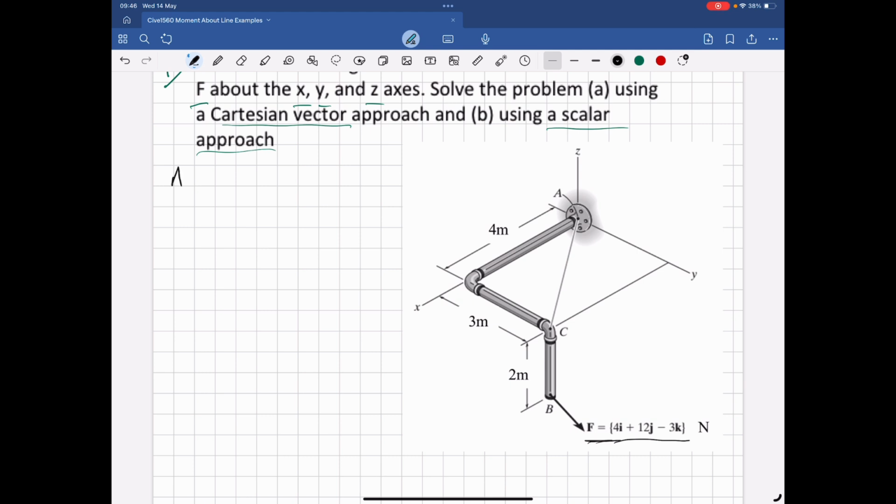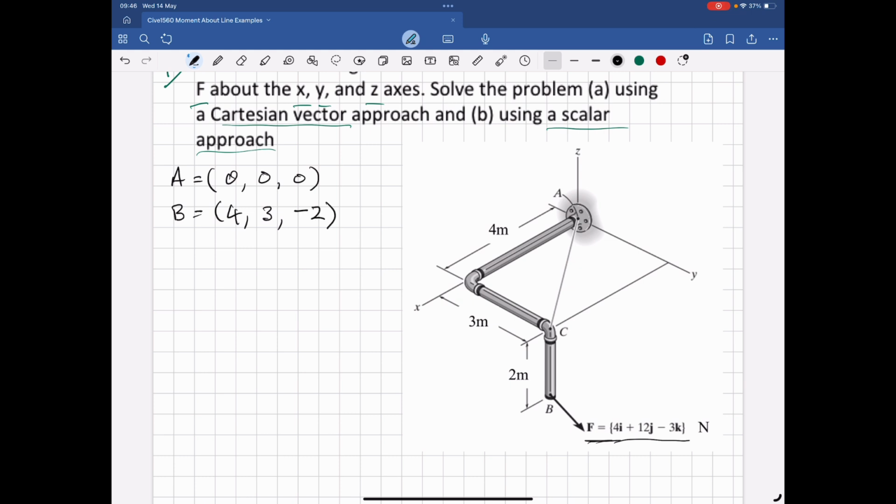Okay, so first thing we do with all of these geometry questions, we write down our coordinates or position vectors of each of the coordinates we're interested in. So A is, well, 0, 0, 0, it's the origin. B is, we look at the diagram, X is 4, Y is 3, and Z is -2.